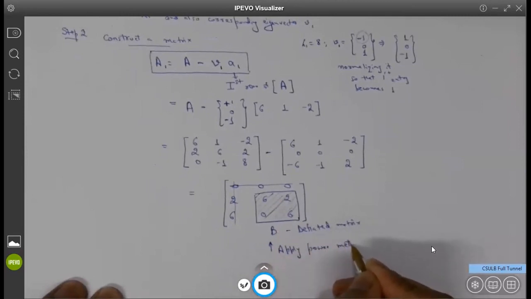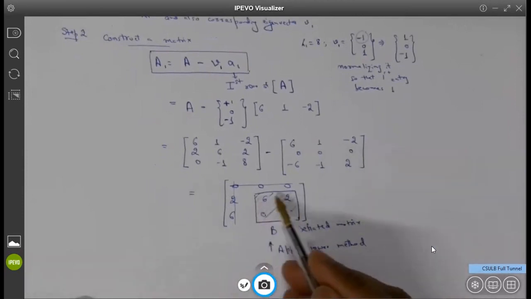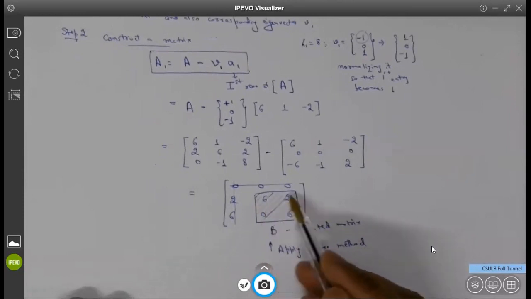When I apply the power method to this, what eigenvalue am I going to get, guys? The power method is going to find the dominant eigenvalue for this matrix. What are the eigenvalues for this matrix?